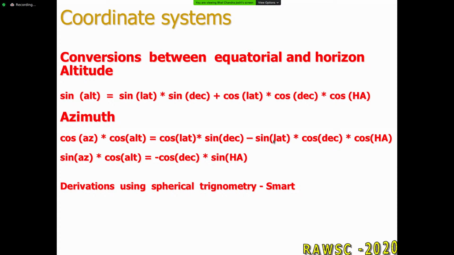The plane of the galaxy gives the galactic latitude, and the line joining the sun and the center of the galaxy defines the plane of reference for galactic longitude. So many times when you are defining galactic objects, you use the galactic coordinate system.